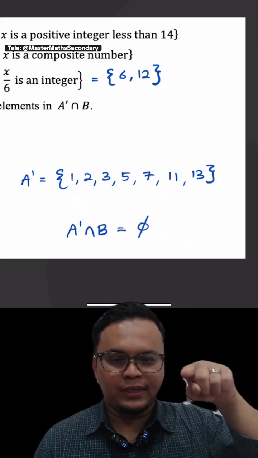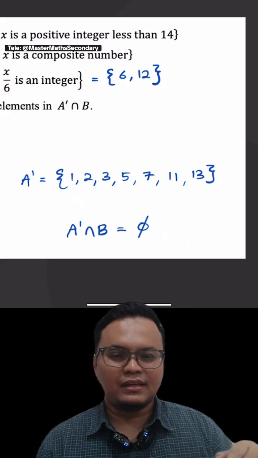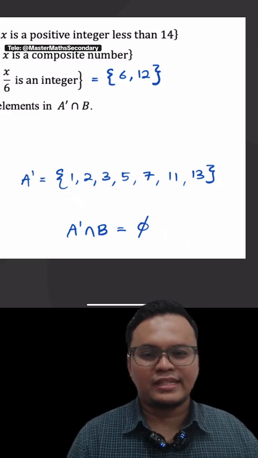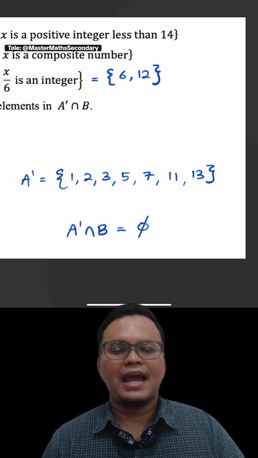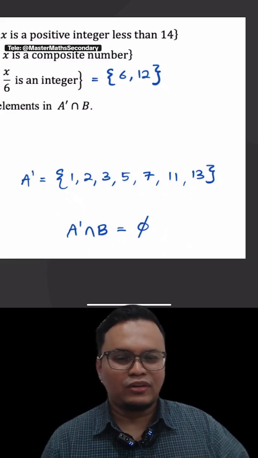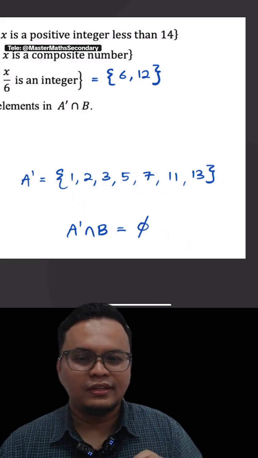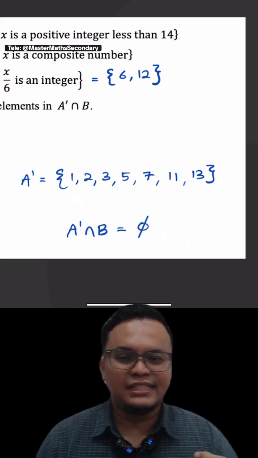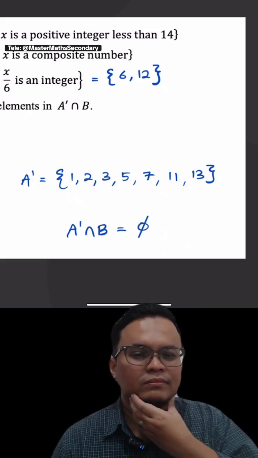A complement means outside of A, intersection means and, B means inside of B. So you're looking at elements that are inside of B and outside of A. Now, if you think about it, none of the elements there fulfill this condition, because 6 and 12 are inside B, but they are not outside of A.